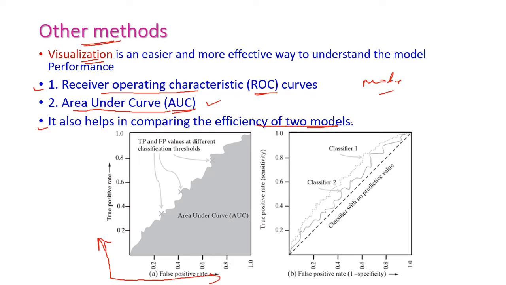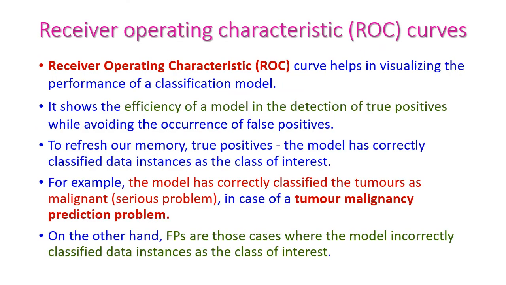If we visualize two classifiers, by using this visualization we can easily understand the performance of these two classifiers, right? First, let us see this ROC, which is used to visualize the performance of a classification model. For example, this is the visualization of data.